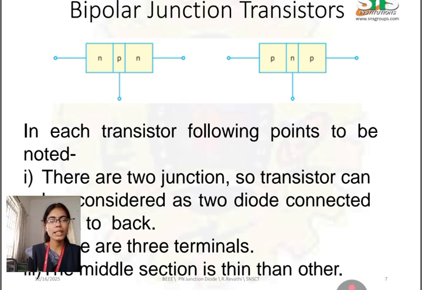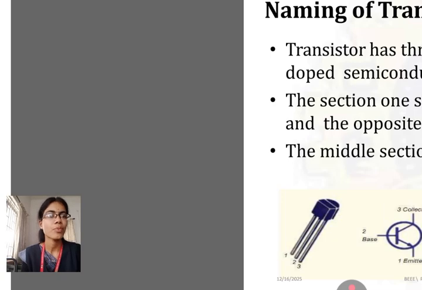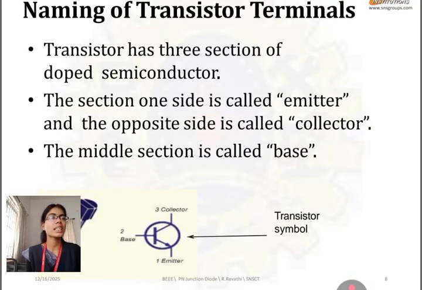In the NPN transistor, the emitter is of medium size, the base is the smallest, and the collector is the largest in a layer. The middle section is thinner than the other two regions. So the transistor has three sections of doping: emitter, collector and base.